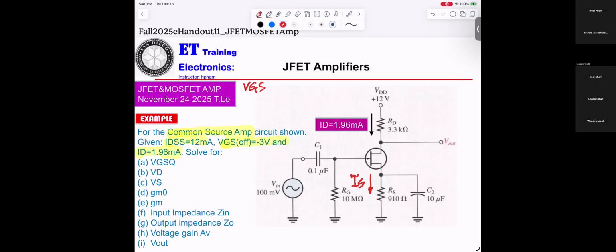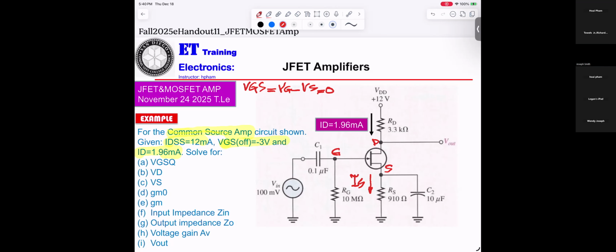VGS equals VG minus VS. That will be the D, that will be the S, and that will be the G. So VG equals 0, right?